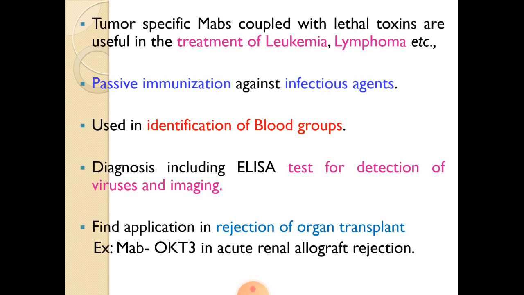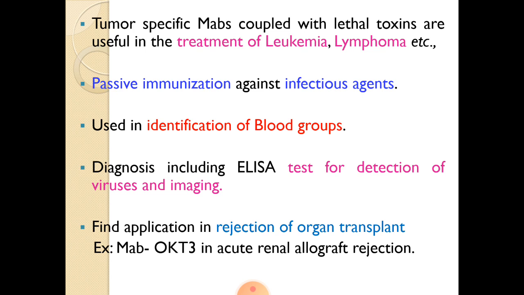Tumor-specific MABs coupled with lethal toxins are useful in the treatment of leukemia, lymphoma, etc. Then they find use for passive immunization against infectious agents. They are used in identification of blood groups.